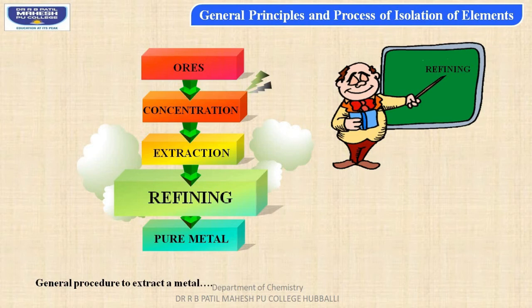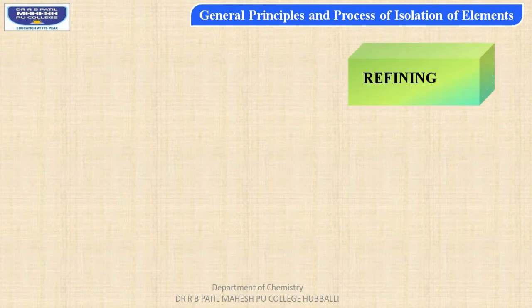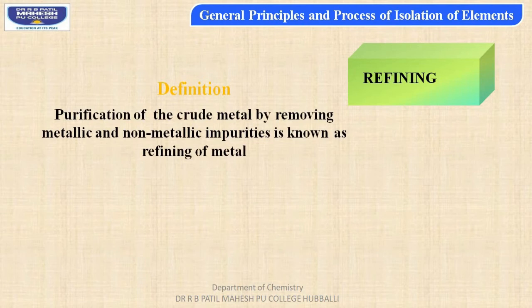of metal. Now let us understand the definition of refining of a given metal. Purification of the crude metal by removing both metallic and non-metallic impurities is known as refining of a metal.